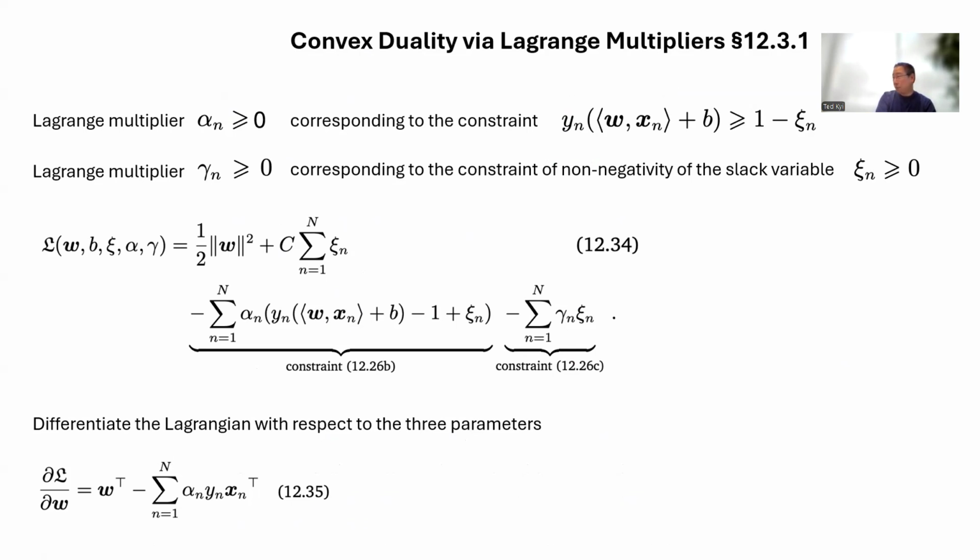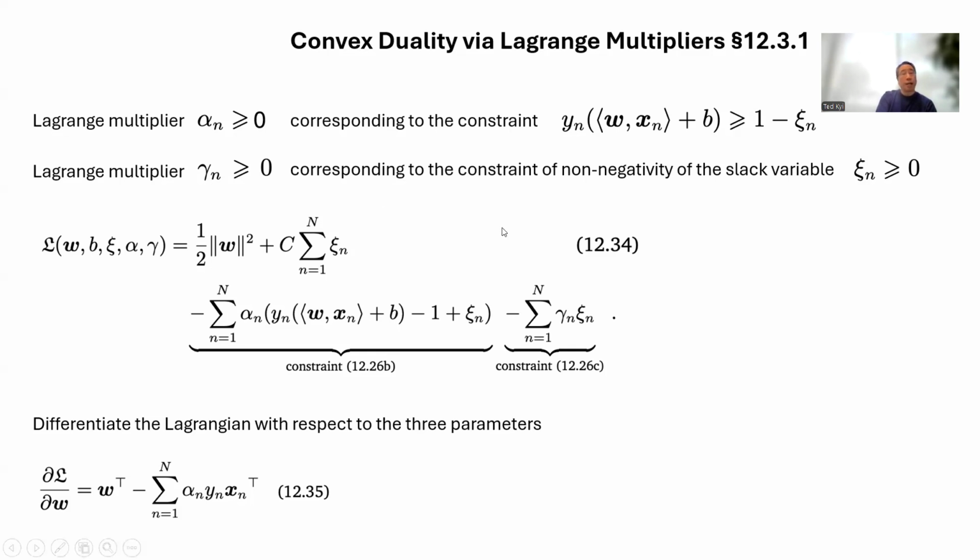Instead of our Lagrange multipliers being called lambda 1, lambda 2, lambda 3, which is what we saw in previous chapters, we're going to split them up into two groups, called alpha 1, alpha 2, alpha 3, and gamma 1, gamma 2, gamma 3, and so on. The reason is bookkeeping convenience, and it's going to turn out that the alphas are more important than the gammas.